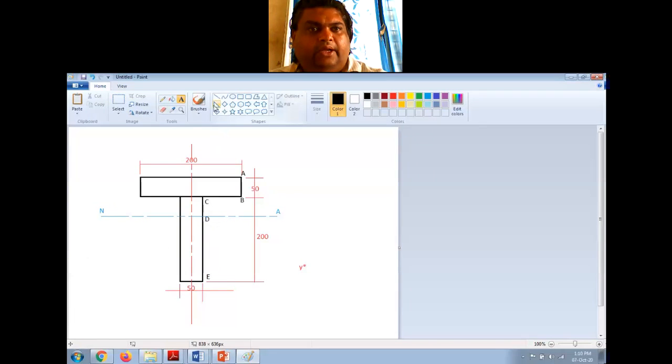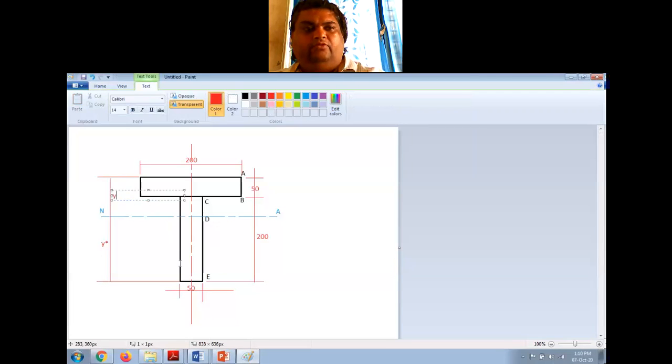Now I'm showing this location of center of gravity or the neutral axis from the bottom fiber. Let us say here. This is y star, and this will be y.